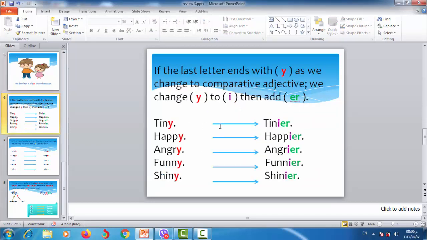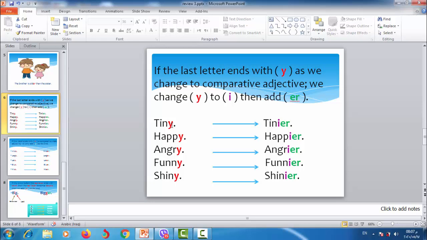There's a point about a comparative adjective. If the adjective that we change to adjective comparative ends with Y, first of all we have to change Y to I, then add ER to the word. For example, look, this example gives you much clearer.